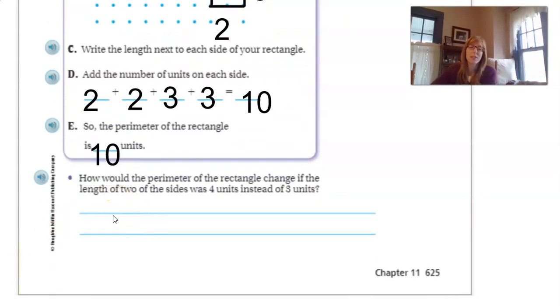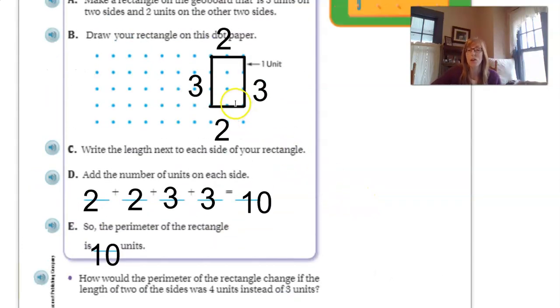All right, so it says, how would the perimeter of a rectangle change if the length of two of the sides was 4 units instead of 3 units? So instead of having this be 3 units, we would add on, so it would be 4 units on each side. So what would change?